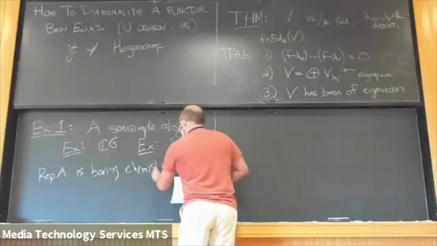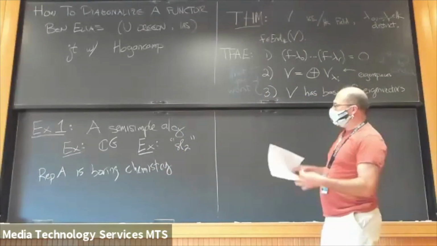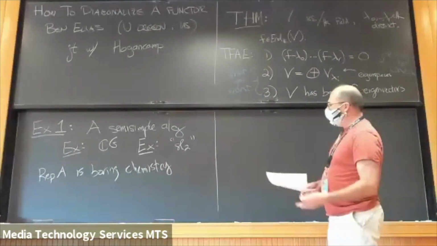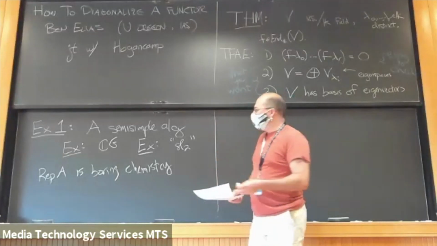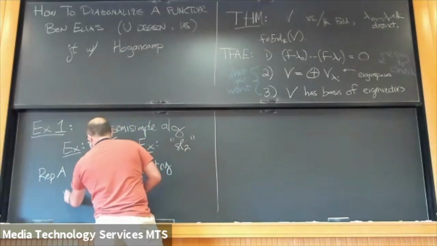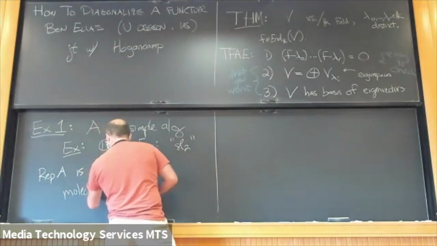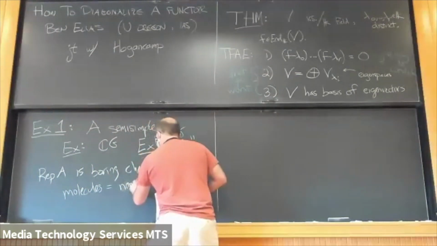Normally what you do in representation theory is you try to find all the irreducible representations, the simplest building blocks, the atoms, and then you try to understand how you can glue atoms together to make molecules. But for a semi-simple algebra, molecules are just a bunch of atoms that don't interact. Non-interacting atoms.